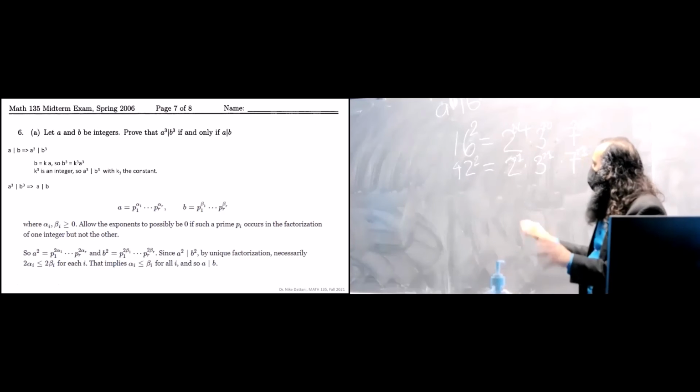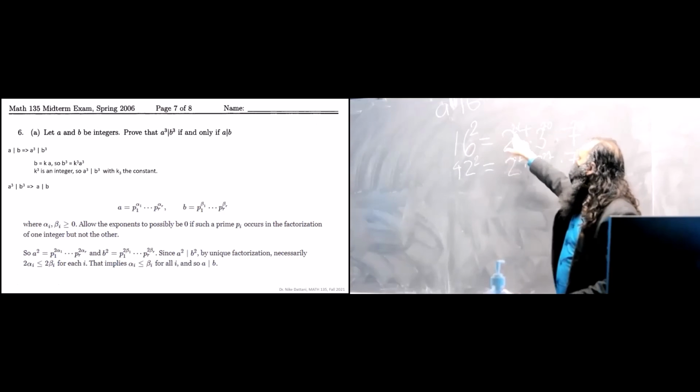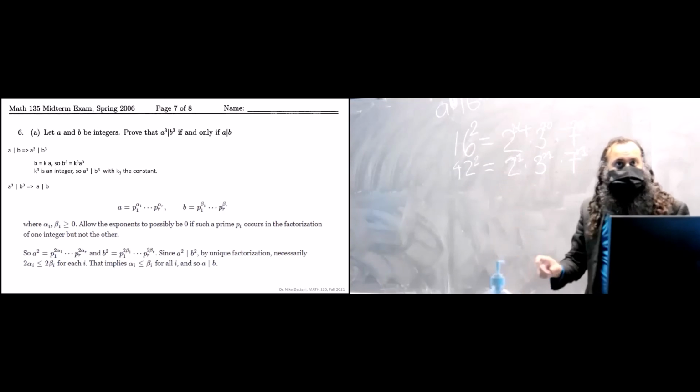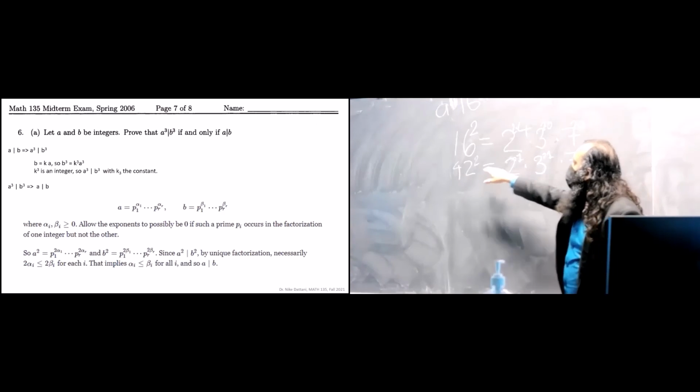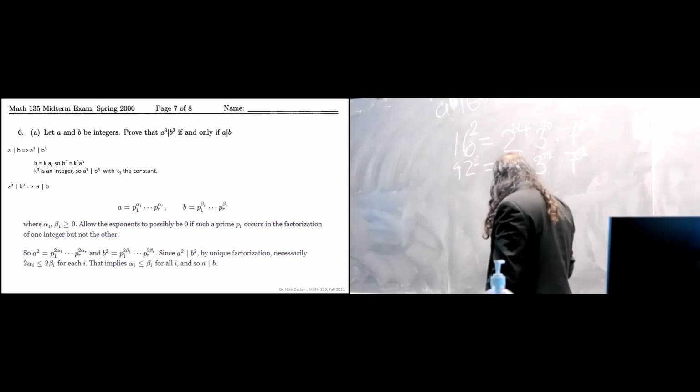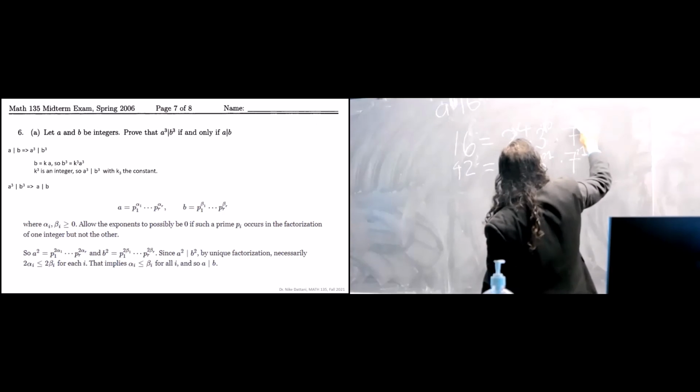The same proof works. So instead of squares, you put cubes, so you can have 3, 3, or you can have n and n. But the main point is that these exponents have to be less than or equal to the exponents there. So if I have a to the n and b to the n, then I'm going to have the same number throughout. So instead of 2, I have n.